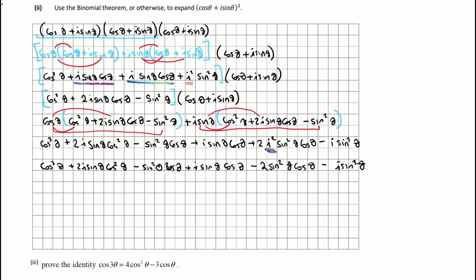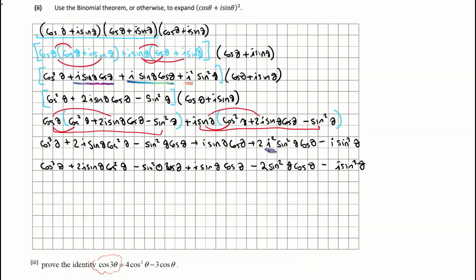Having a look at part 3 now, it says, hence prove that cos 3 theta is equal to 4 cos cubed theta minus 3 cos theta. So we're going to need our answer here now from part 2. The question is getting us to focus in on the cos 3 theta part of De Moivre's theorem.